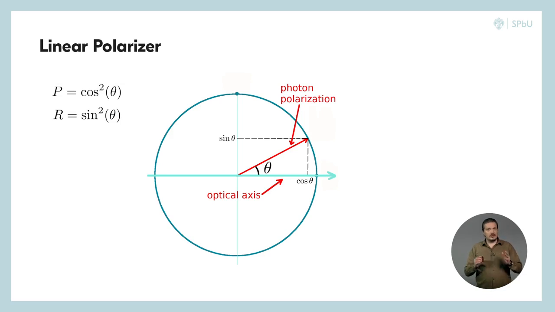Well, no surprise to us here, I hope. The result will be truly random. This photon passes the crystal with the probability P, and it reflects with the probability R. And both these probabilities are defined by the angle theta, which is the angle between the polarization of the photon and the optical axis of the crystal.